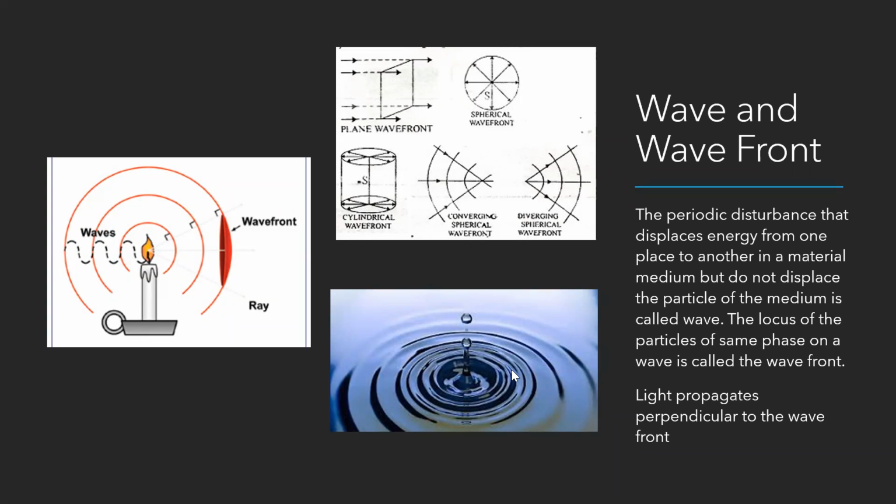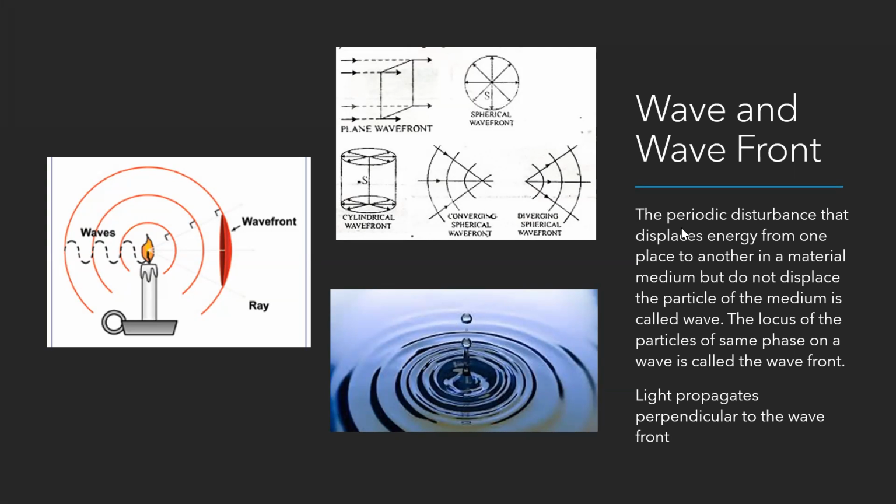The piece of paper will move just up and down, which means when there is a wave, there will be a disturbance, and the disturbance or the energy will move outwards. But the particles which are carrying this disturbance will not move along with the wave, they will just oscillate up and down.